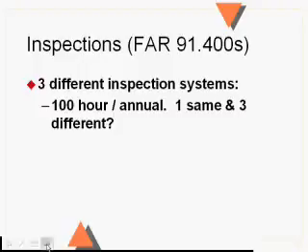You've got 99.5 hours since the last 100-hour, and it's going to take you 3 hours to get back to Phoenix, so you'll have exceeded the 100 hours by 2.5 hours. You'll land, and it will have been 102.5 hours. You're 2.5 hours over. Now what you'll have to do is subtract 2.5 hours from when the next 100-hour inspection is done. So you cannot cheat. You can exceed the 100-hour, but you're going to have to take that time out of the next 100-hour.